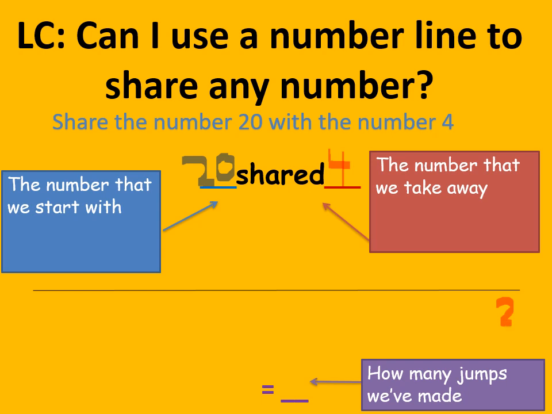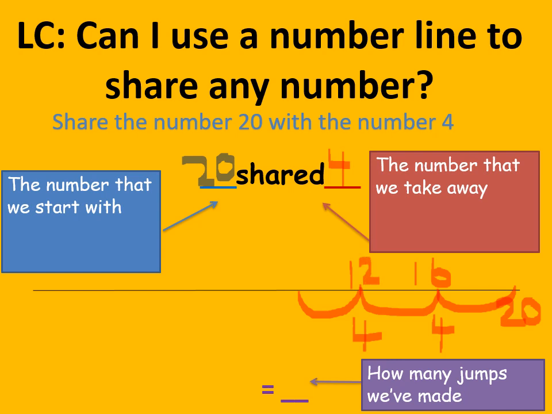So 20 at this end, and then we're going to take away 4. Okay, and our answer will be 16 to start. Take away another 4, and our answer will be 12.